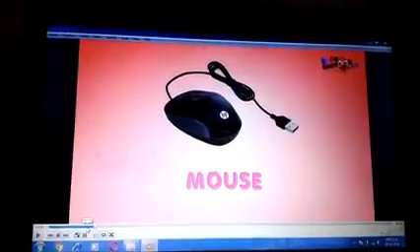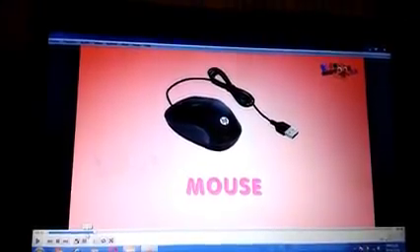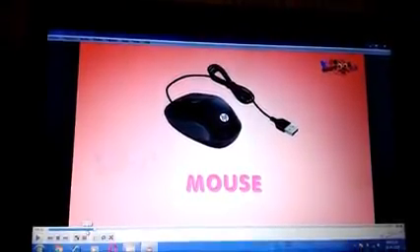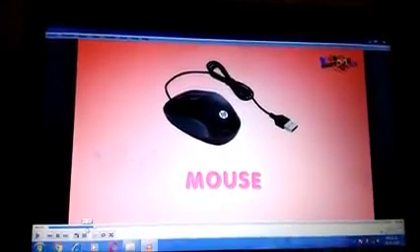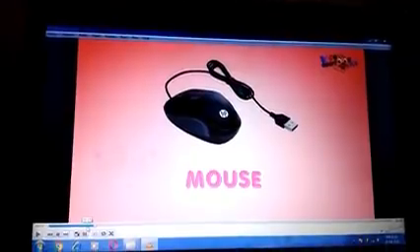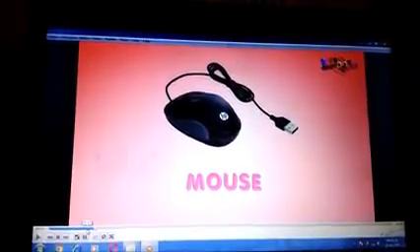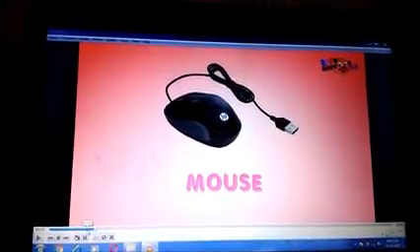The cursor of a mouse is called the mouse pointer. And there are different types of mouse. Number 1, mechanical mouse. Number 2, optical mouse. Number 3, laser mouse.